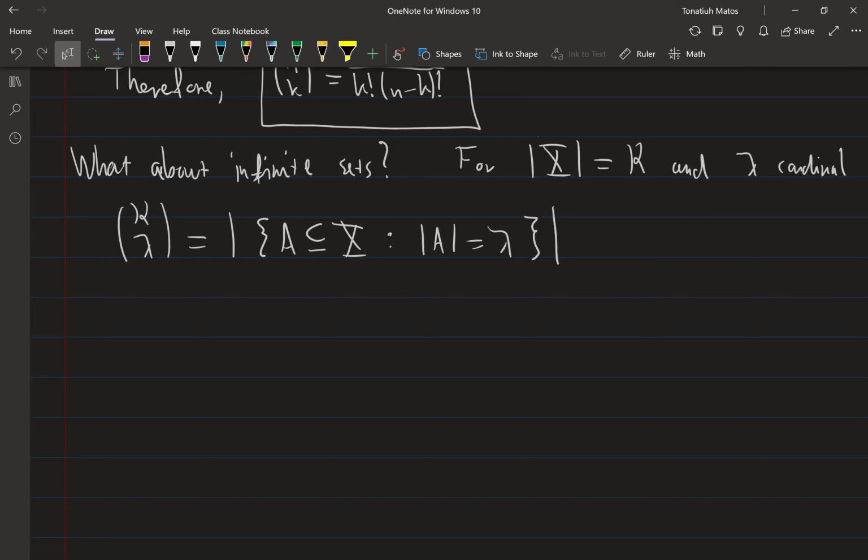So for example, let aleph naught again denote the cardinal of the natural numbers. Then you could ask yourself, if you put an aleph naught here and you want to put something else down here, for example, if you put any finite amount n, what do you think this should be?